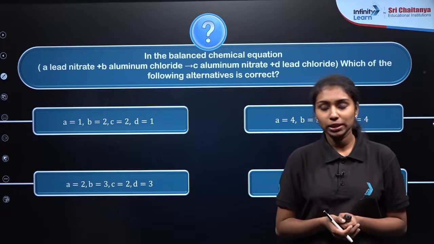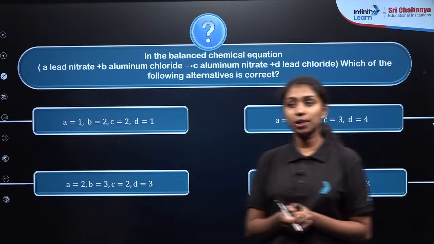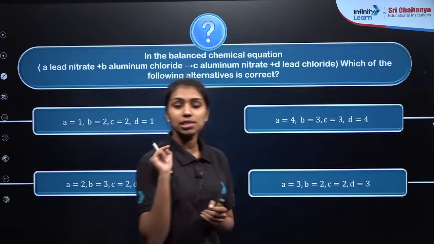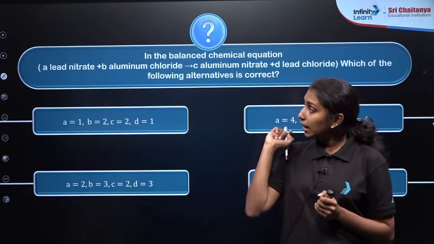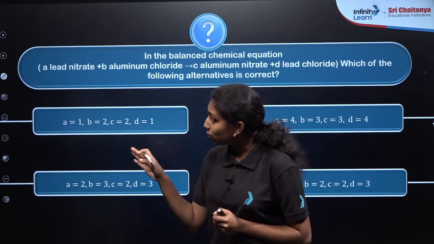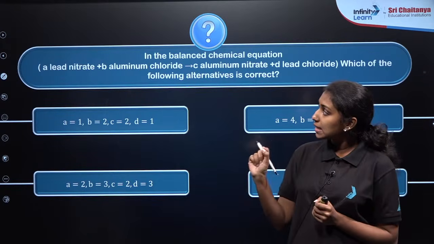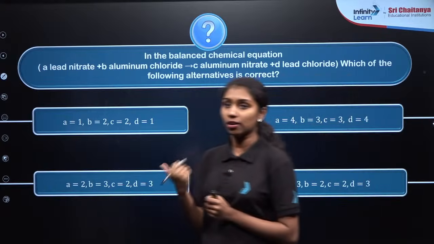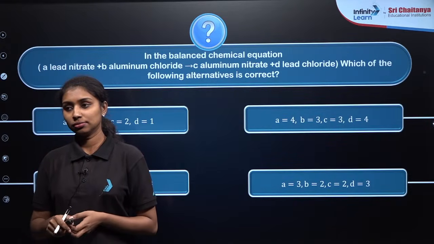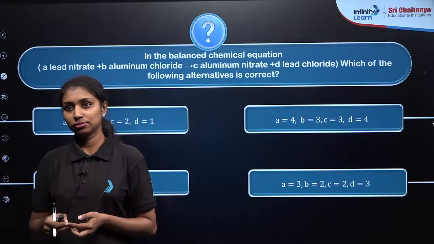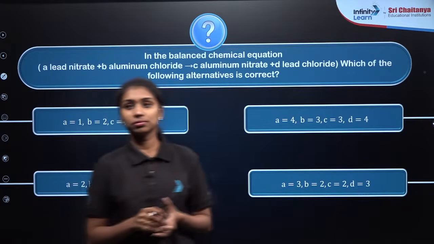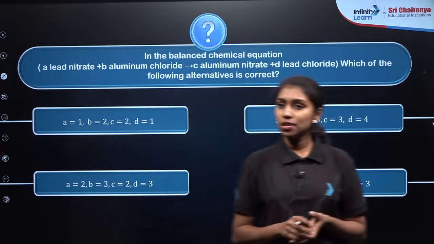While learning about chemical equations, we have studied how to write the chemical formula of any compound, right? There will be an anion and a cation. We can just crisscross the valencies of the anion and cation and you will get the exact chemical formula of the compound. So you need to identify the chemical formulas of lead nitrate, aluminum chloride, aluminum nitrate and lead chloride. So what will be the answer?